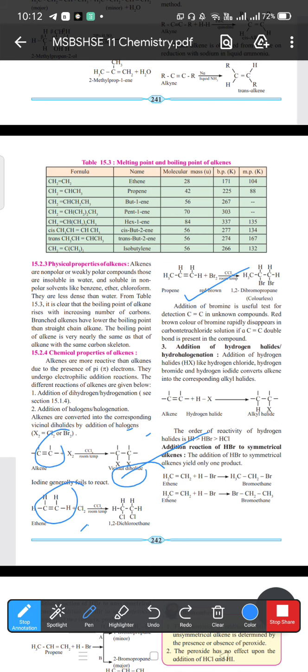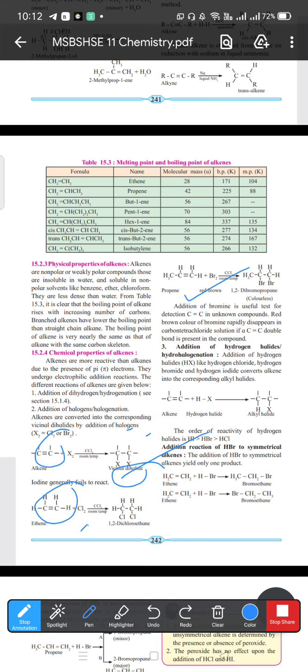It is a colorless compound. So addition of bromine in this reaction is a useful test for the double bond, and that's why the red brown color of the bromine rapidly disappears into the colorless carbon tetrachloride solution.